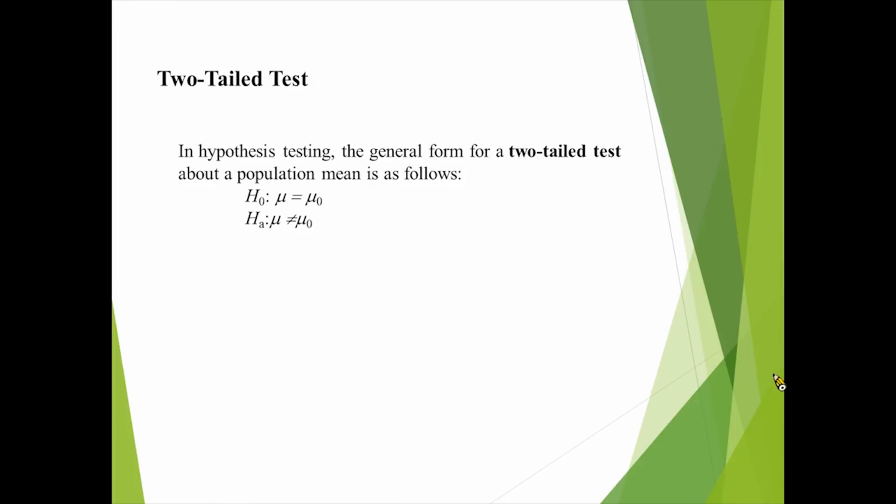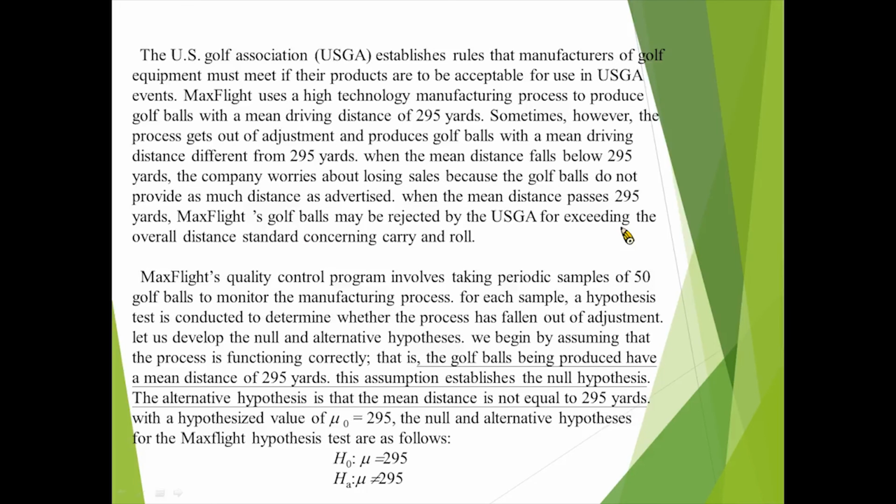Okay, so another one is the two-tail. You can see the two-tail is the equal or not equal. This means two-tail. And for another example, we can see this golf association, and this is the company. I already gave you the data. You can check in the folder. We have 295.